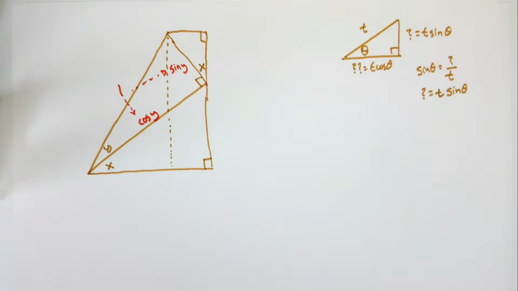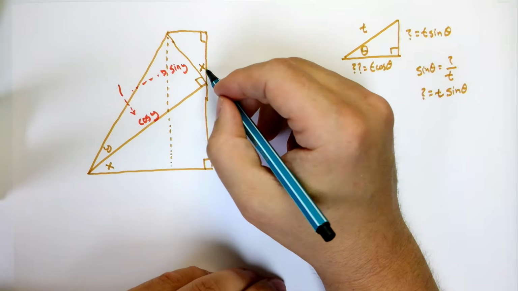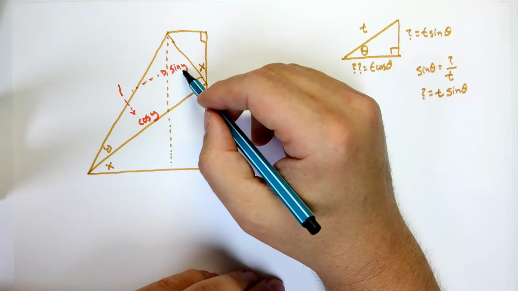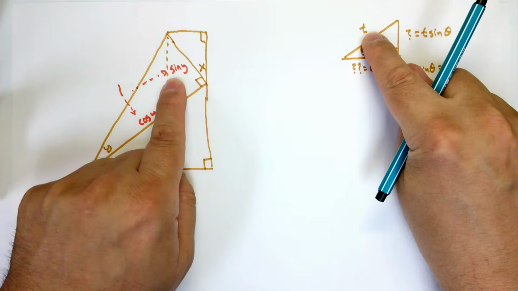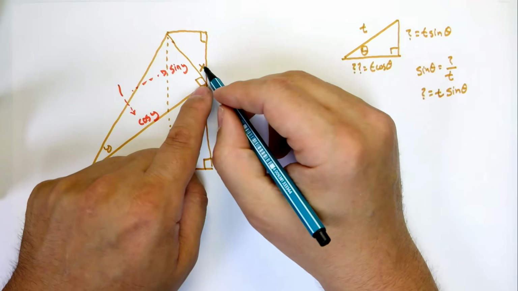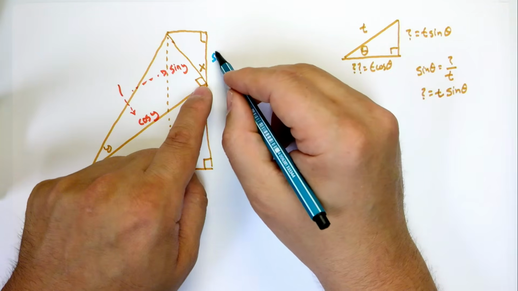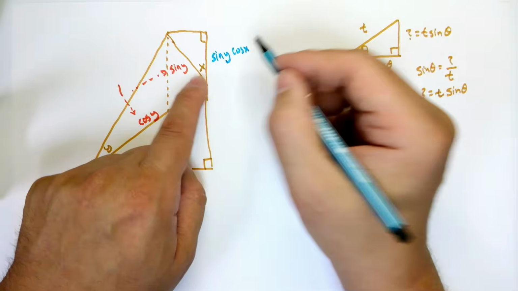Now we're going to repeat this process. So let's come to this triangle. Here I have an x, there's our sine of y, so this is now my length t. And I'm going to multiply that to get this side, since it's adjacent, by the cosine. So it's sine y, which is the length of the hypotenuse, times cosine of x.